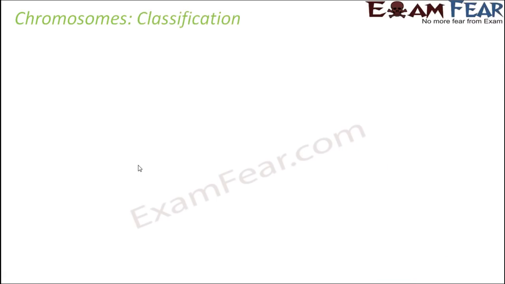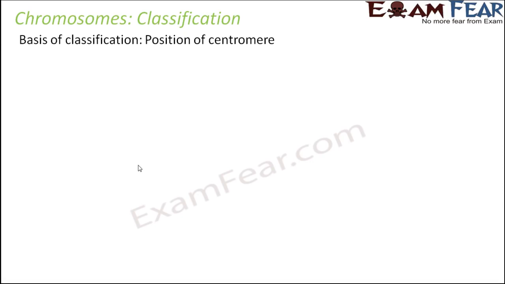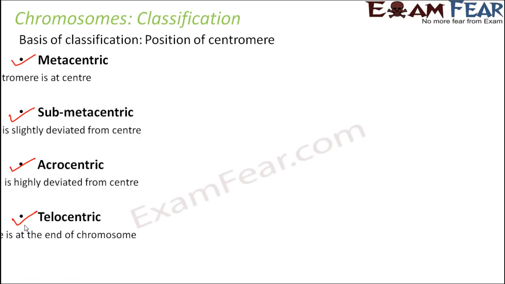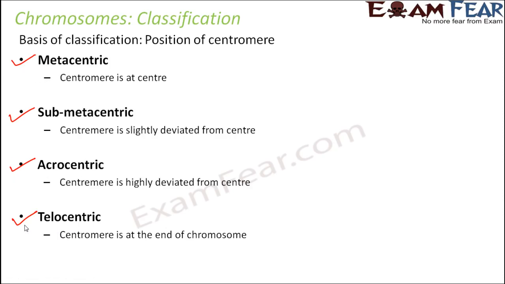Now, based on the position of the centromere in a chromosome, chromosomes can be classified into 4 types. And what is the basis of classification? The position of centromere. So what are these 4 types of chromosomes? Metacentric, submetacentric, acrocentric, and telocentric. So these are the 4 types of chromosomes. Let us look at each of them.